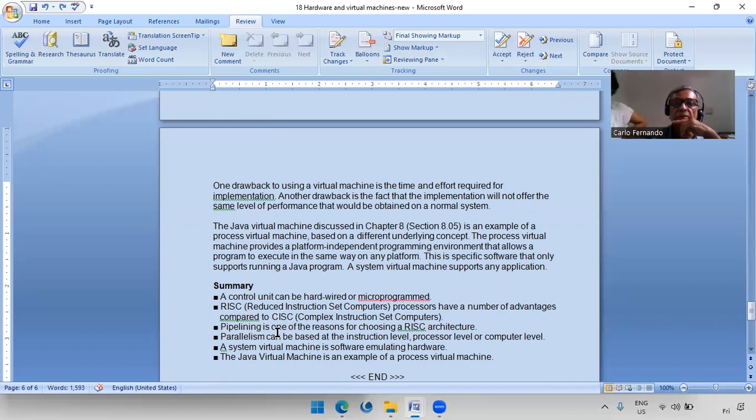Pipelining is one of the reasons for choosing a RISC architecture. Right? So pipelining also we saw. Parallelism can be based at the instruction level, processor level, or computer level. A system virtual machine is software emulating hardware, like imitating. The Java virtual machine is an example of a process virtual machine.